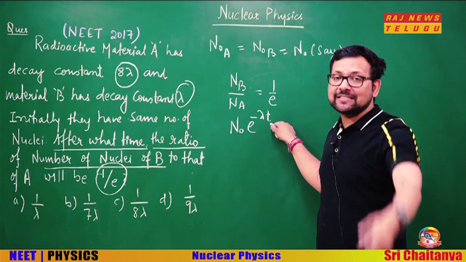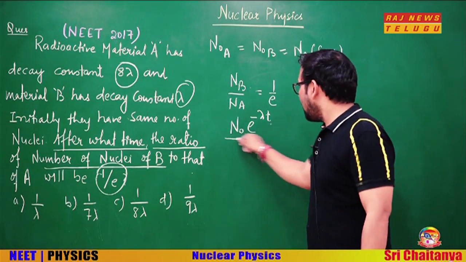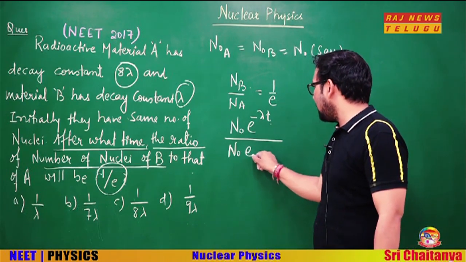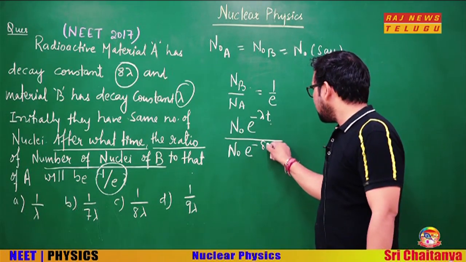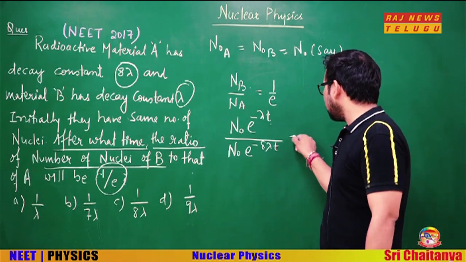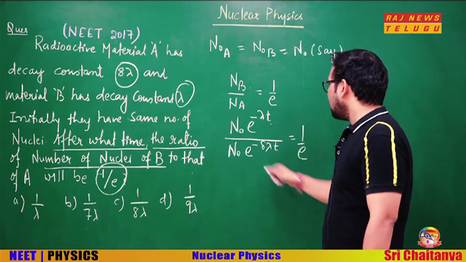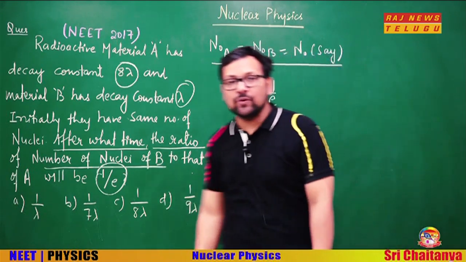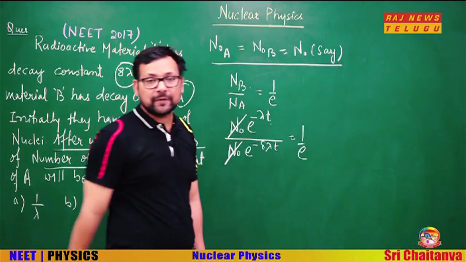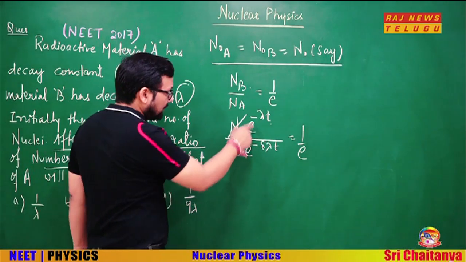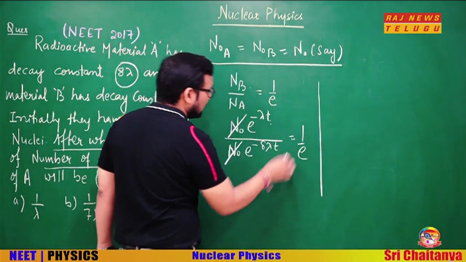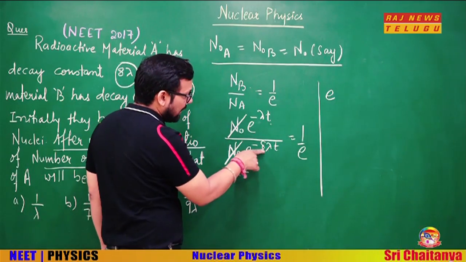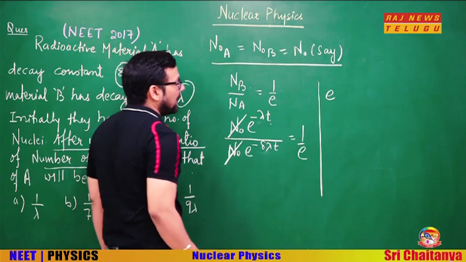The ratio we are discussing is NB upon NA: N naught e raised to power minus lambda t upon N naught e raised to power minus 8 lambda t is 1 by e. N naught cancels, as initially the number of nuclei was equal for A and for B. Now to mathematically solve this, you can see e raised to power minus lambda, and this minus 8 lambda will go up, and what will it be?